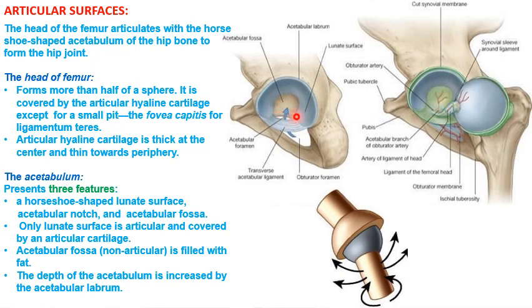So this part of the acetabulum is non-articular, and the acetabular notch is bridged by the transverse acetabular ligament. So that also becomes non-articular. And the rim of the acetabulum has its attachment to a fibrocartilaginous structure, the labrum, which will deepen the socket of the acetabulum.